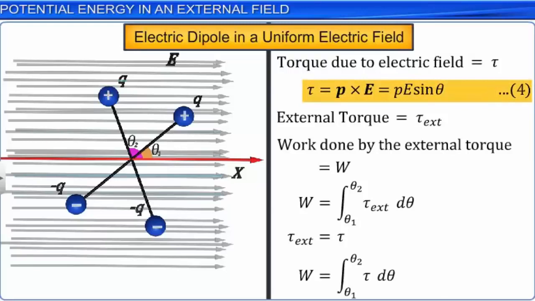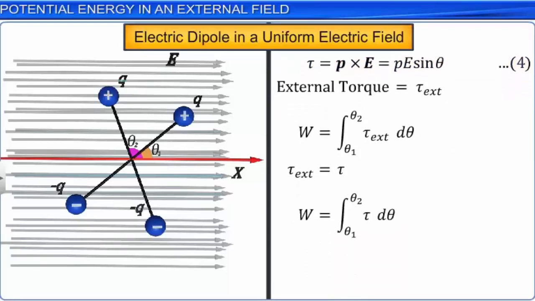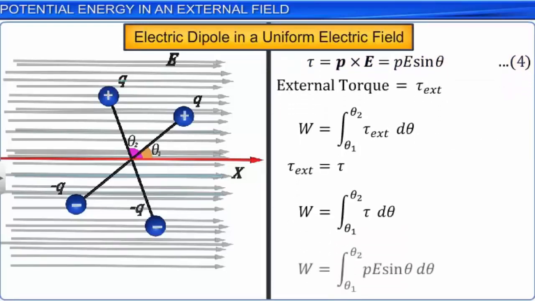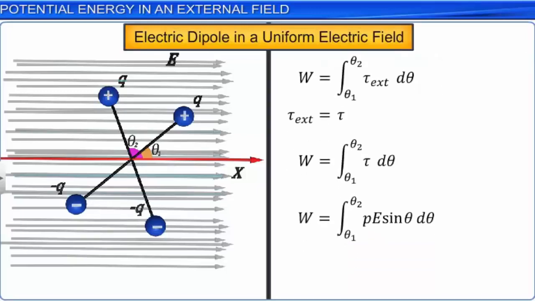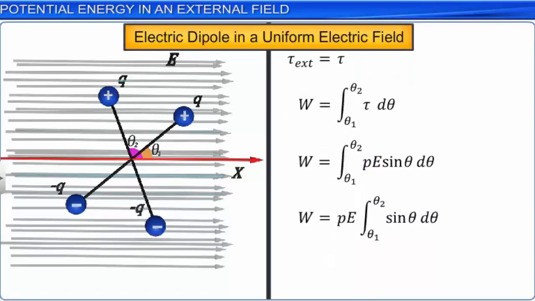We get W is equal to integral P E sine theta d theta in the limits θ1 to θ2. Since P and E are constant, we keep them out of the integration, and thereby, carrying out the integration, we get W is equal to minus PE into cos θ2 minus cos θ1.